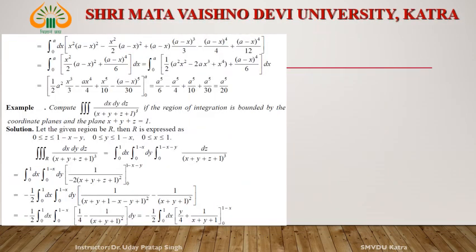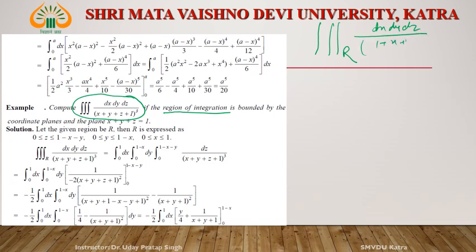Now come to this integral. The same problem is this one, right? The region of integration R, this is the triple integral over R of the function dx dy dz divided by (1 plus x plus y plus z) whole to the power 3. So the function is 1 by (1 plus x plus y plus z) to the power 3. And what is R?